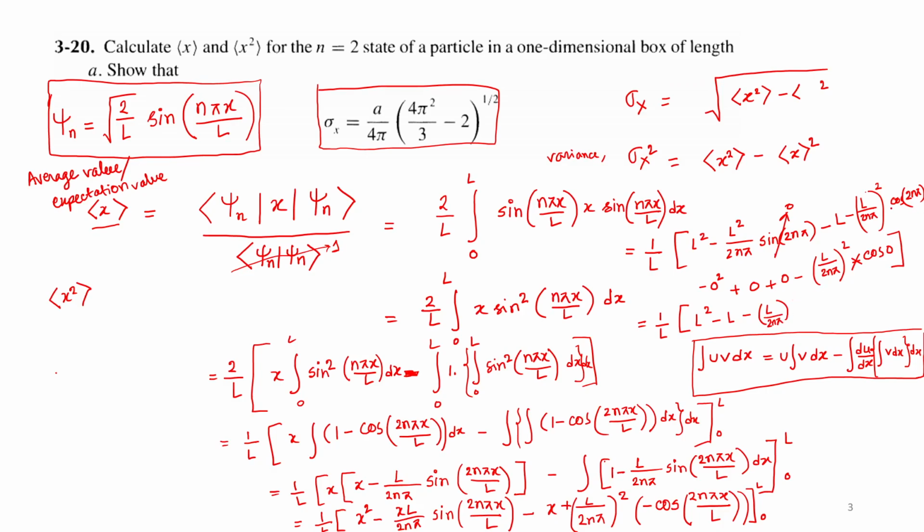What is the value of cos 2n pi? For any integer value of n, for n equal to 1 it is cos 2 pi, for n equal to 2 it will be cos 4 pi. So cos 2n pi will always be 1 for any integer value. So I'll just take the square of that and not do anything.